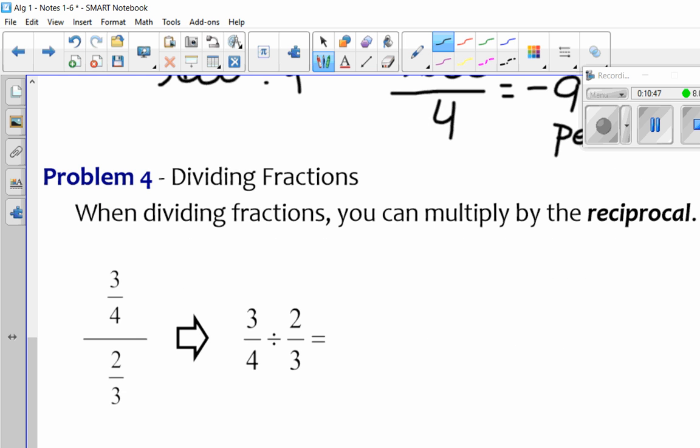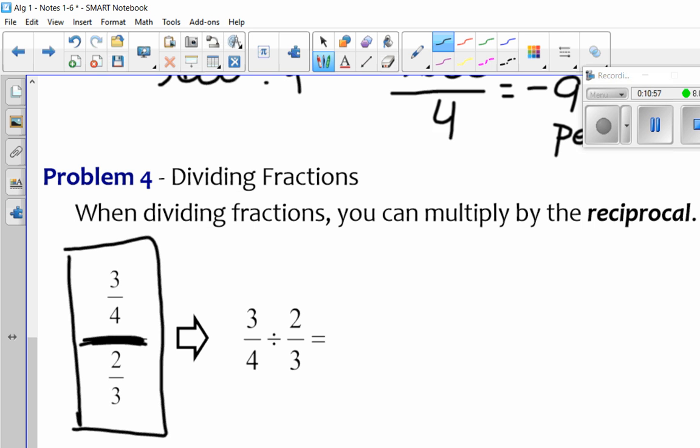All right, so when dividing fractions, this is called a complex fraction, okay? But that means I want to divide the top by the bottom, okay? If we wrote it out the old-fashioned way, it really would look like this, okay? So that's what they showed us here.